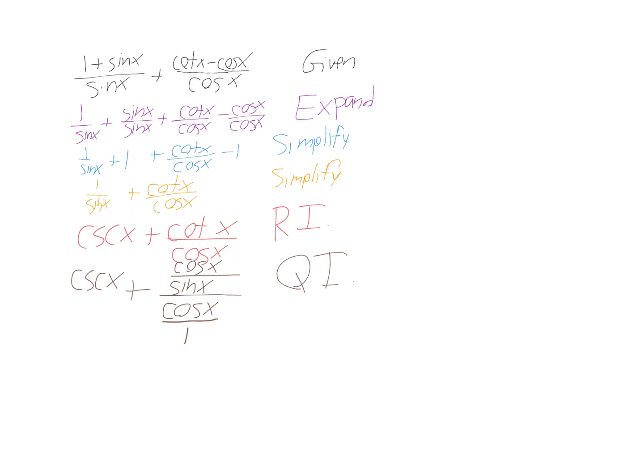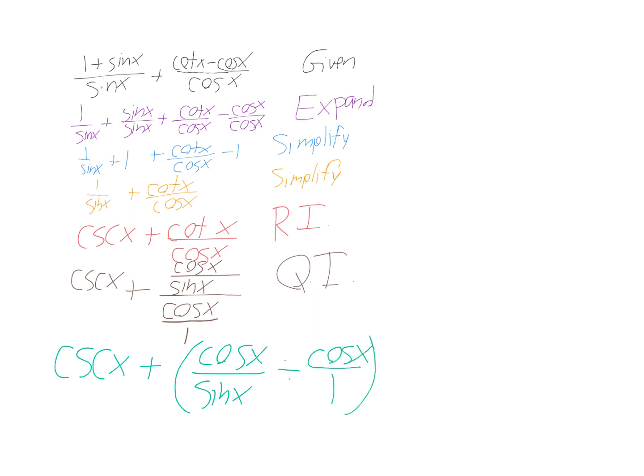I'm still going to have my cosecant of x plus, stick my parentheses because we're doing some division here, cosine of x over sine of x divided by cosine of x over 1. That's just going to be division rules.